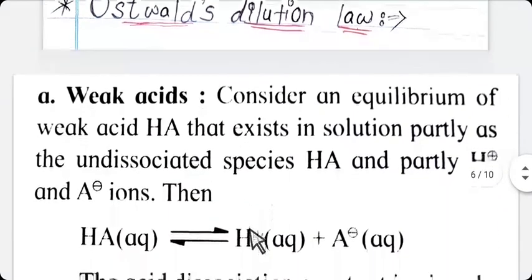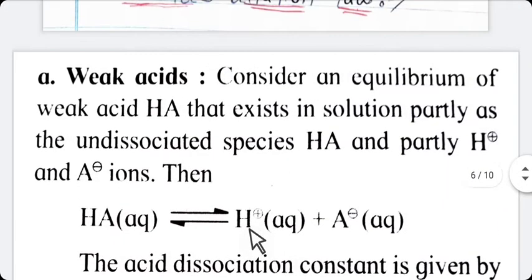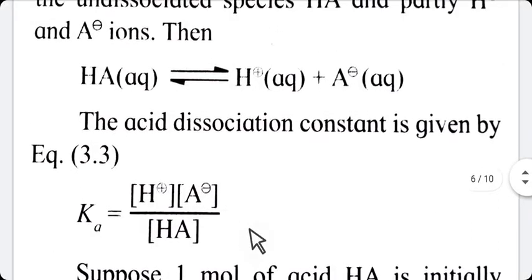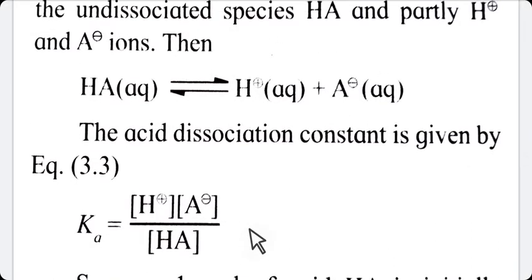Taking an example, general reaction HA aqueous, it gives H plus and A minus ion. The acid dissociation constant for this reaction, as we have known, Ka, gives concentration of H plus, concentration of A minus upon concentration of HA.